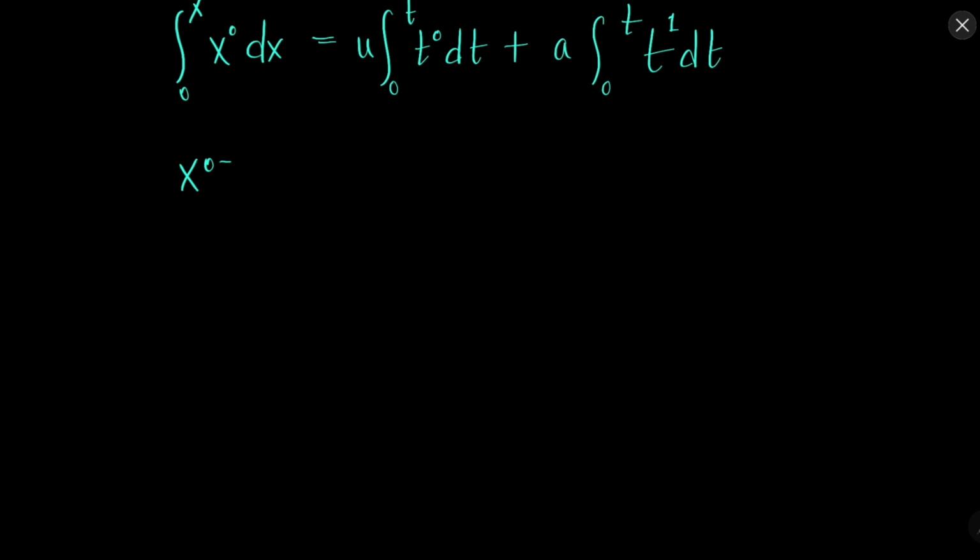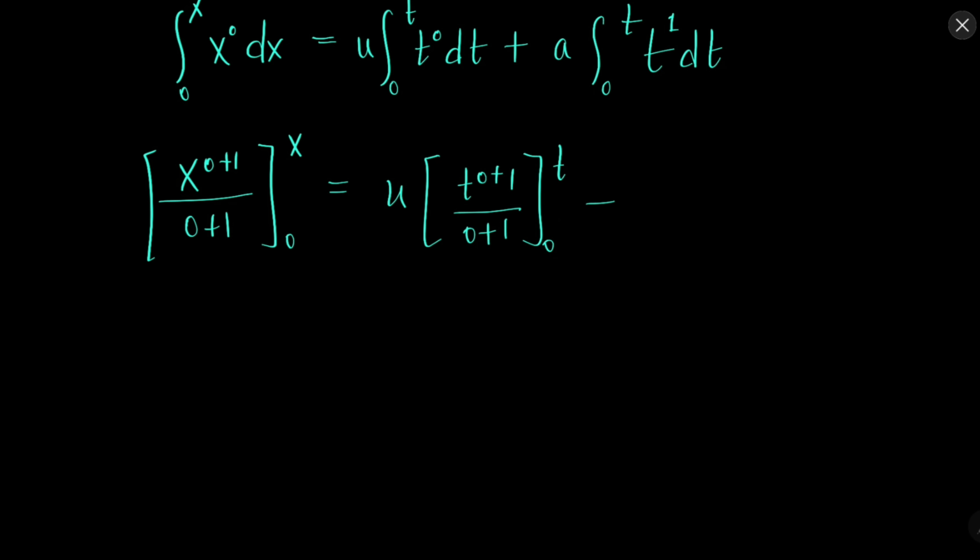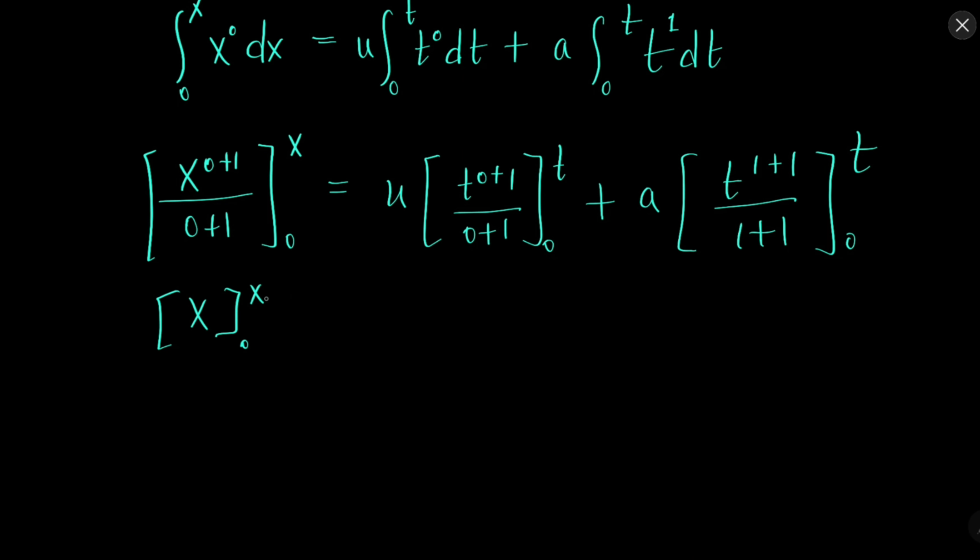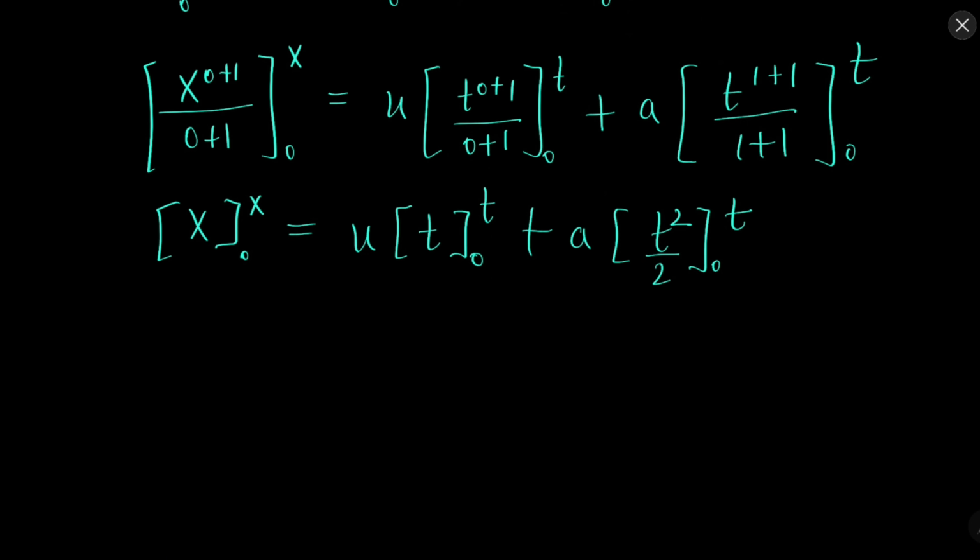I will get x to the power 0 plus 1 upon 0 plus 1, same formula, from 0 to x equal to u, here again 0 plus 1 upon 0 plus 1 and 0 to t, and plus acceleration is constant. Now what will happen here? t to the power 1 plus 1, because n is 1 here, upon 1 plus 1 from 0 to t. So I will get x from 0 to x equal to ut from 0 to t plus at square by 2 from 0 to t.